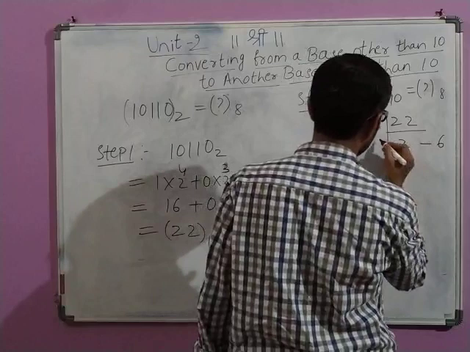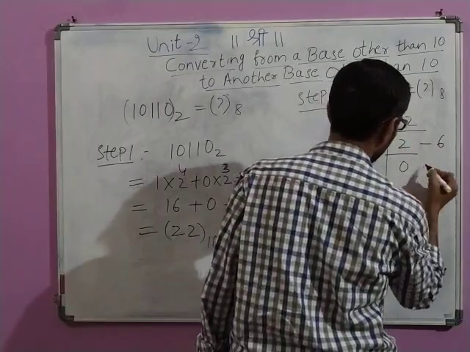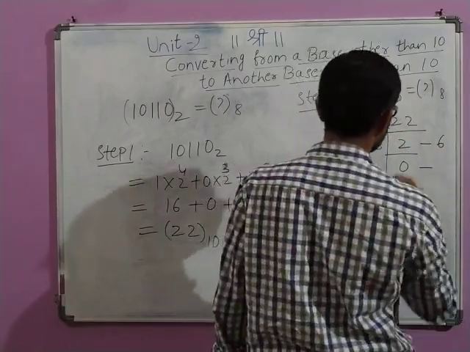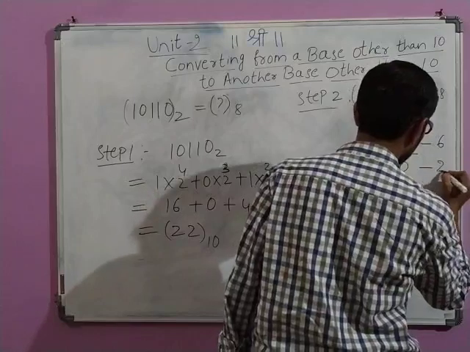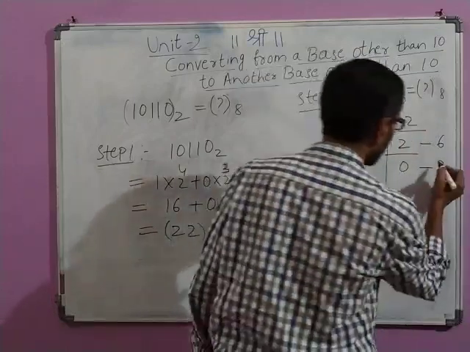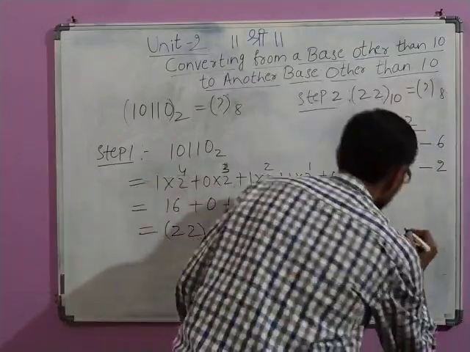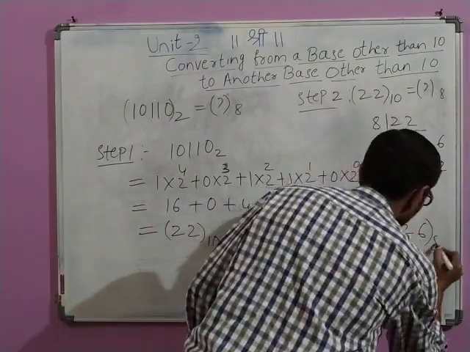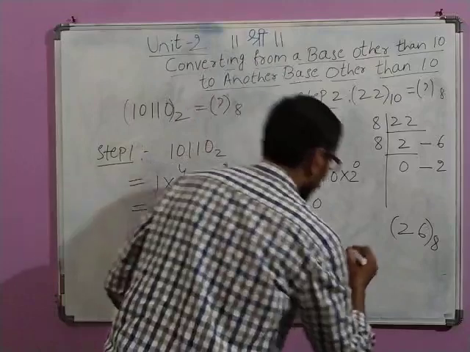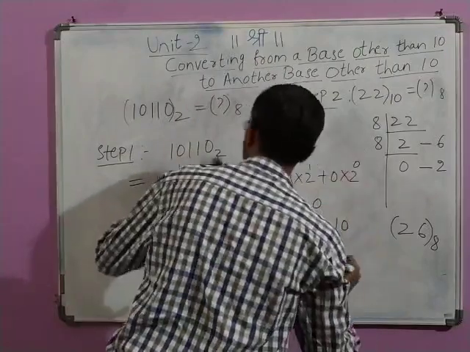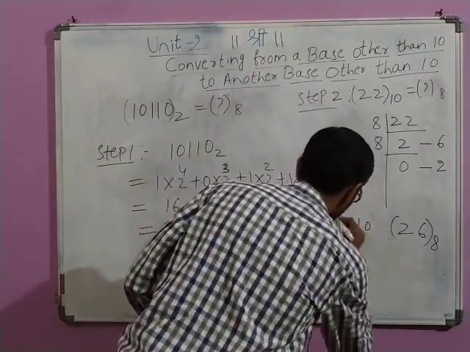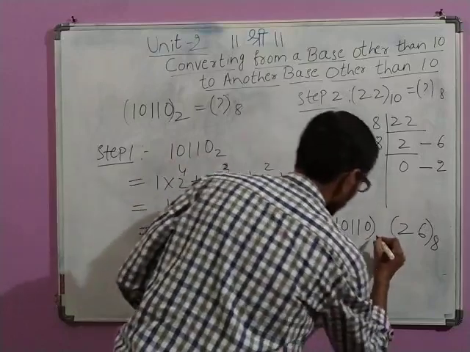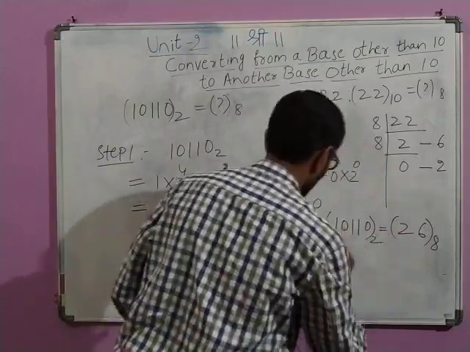Now division is not possible, put 0, so the remainder will be 2. So what will the result? The result will be 26 to the base 8, and what is the original number? 10110 to the base 2.